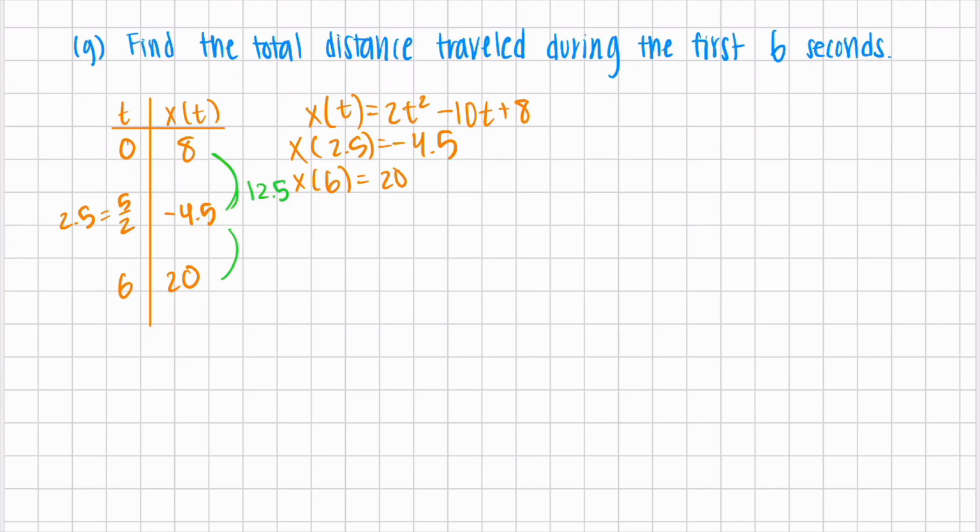And then between 2.5 and 6 seconds, I travel from position negative 4.5 to position 20. I've traveled a total of 24.5 feet. And I want total distance, so I'm going to add these together, and I get 37 feet.